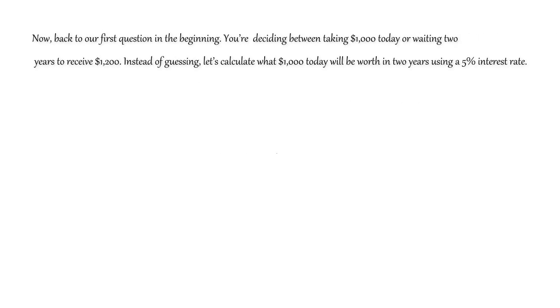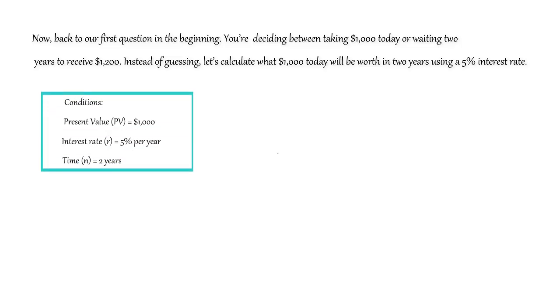Now back to our first question in the beginning. You're deciding between taking $1,000 today or waiting 2 years to receive $1,200. Instead of guessing, let's calculate what $1,000 today will be worth in 2 years using a 5% interest rate. Our conditions: present value is $1,000.